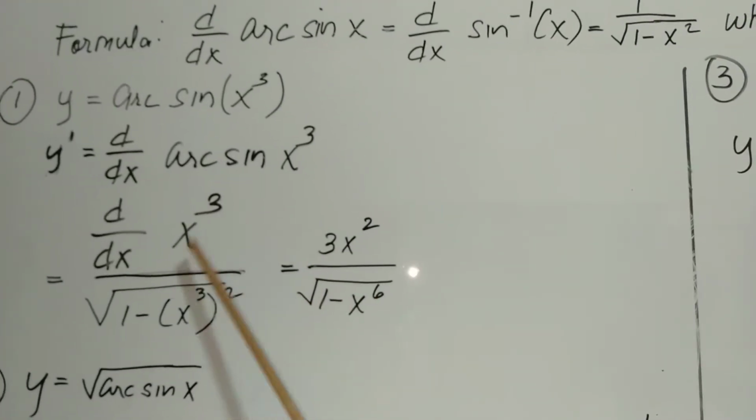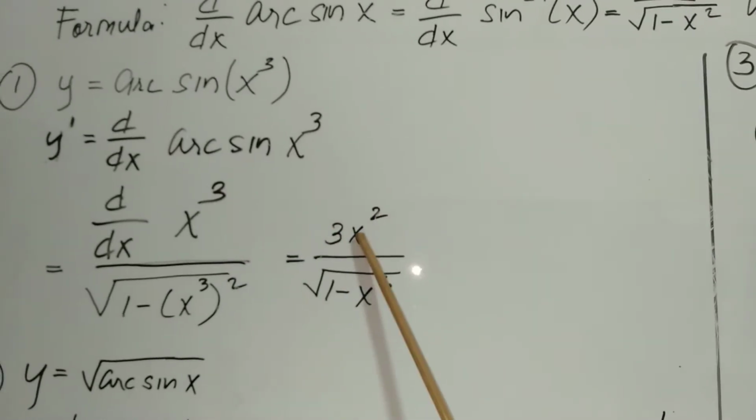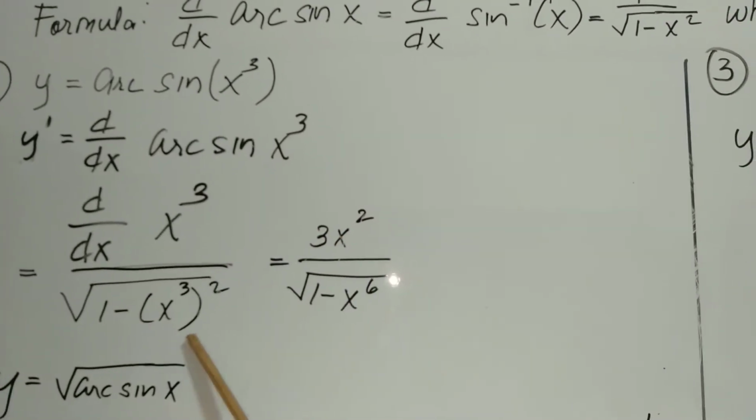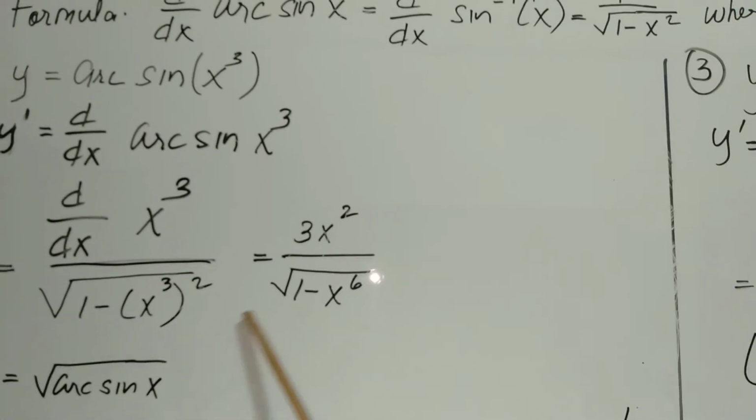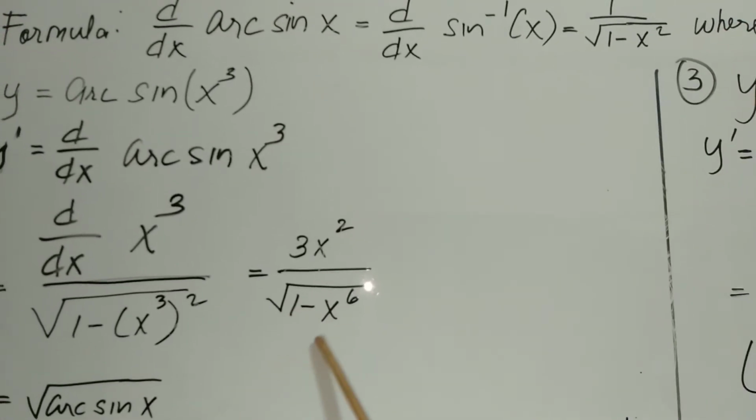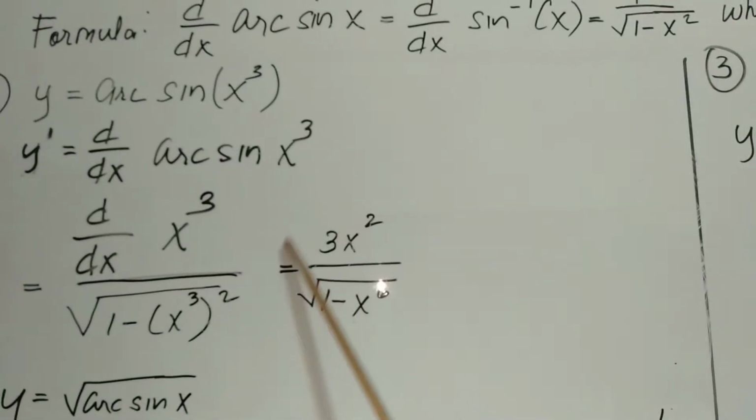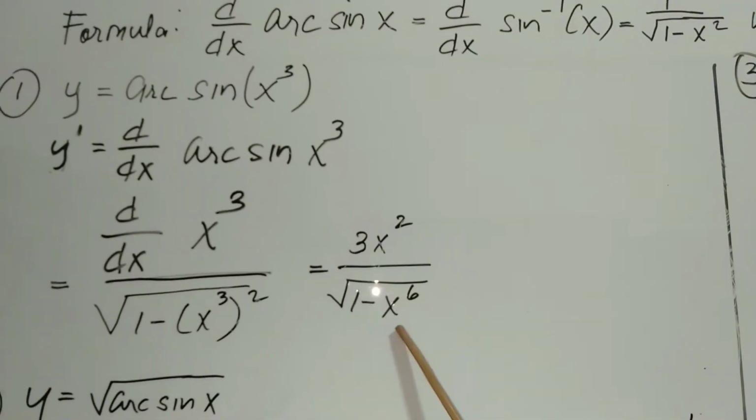The derivative of x cubed is 3x squared, and simplifying, this will be 1 minus x to the 6. So this is our answer for number 1.